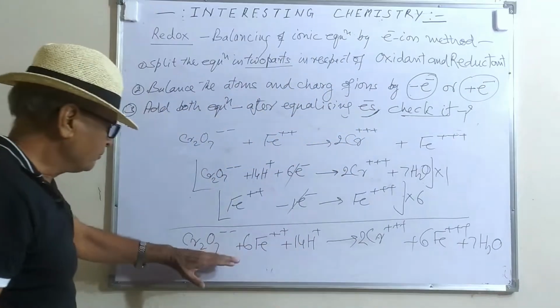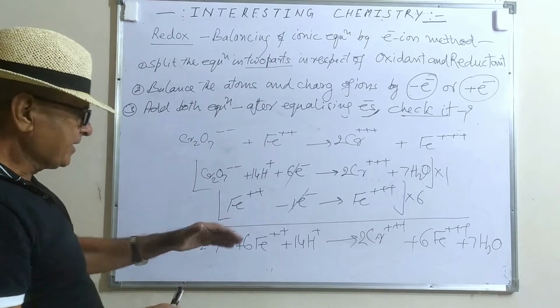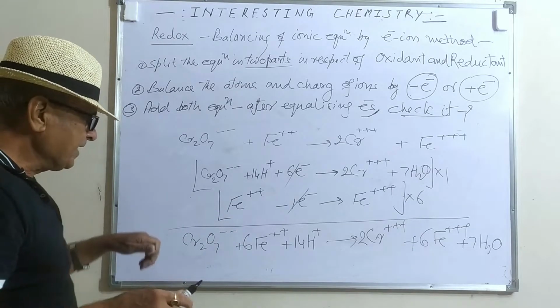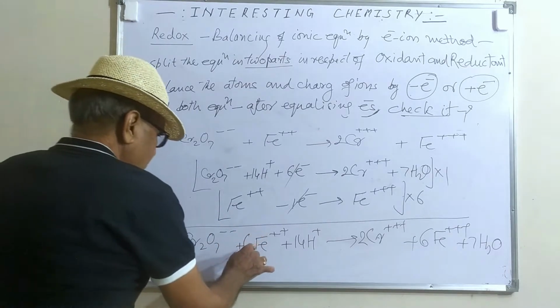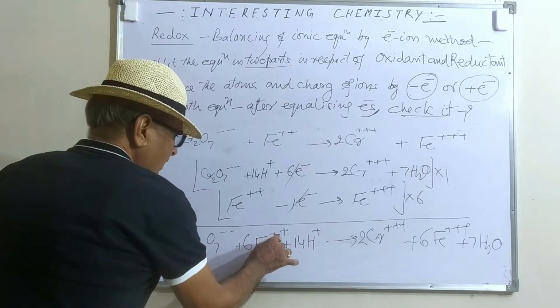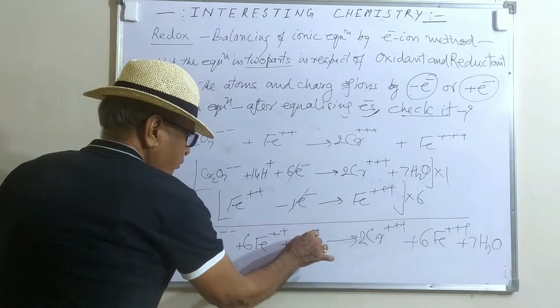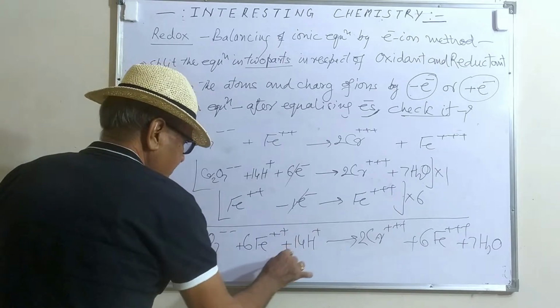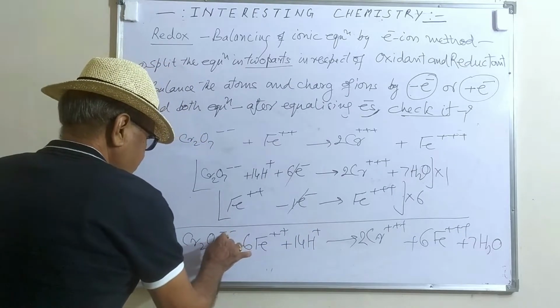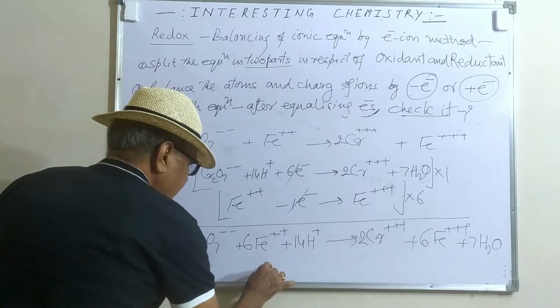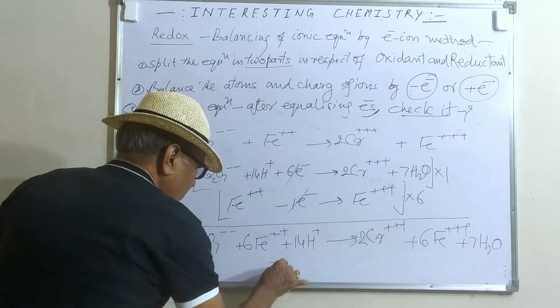So again, now balance the charge. Check whether the charge is balanced or not. Here 6 into 2, 12 plus 14, 26, 26 minus 2, 24 positive.